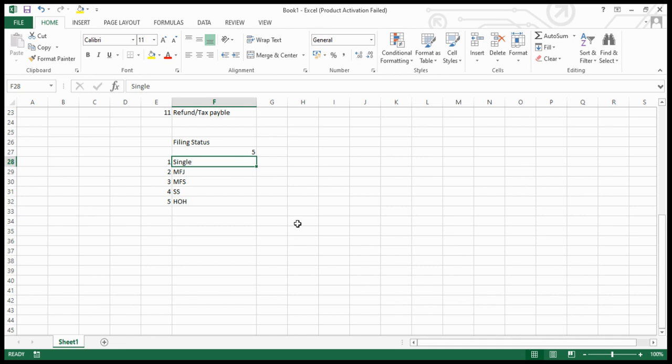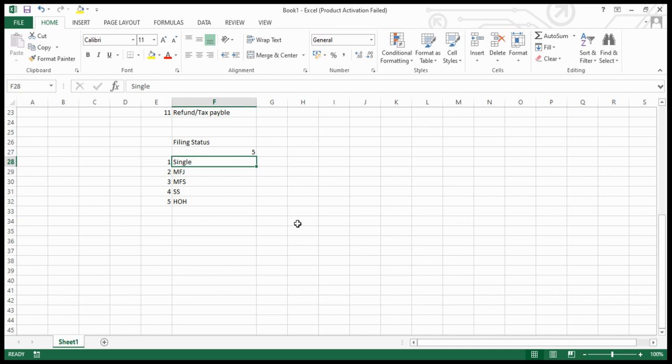Now I am moving to the second and third criteria, which are MFJ and MFS. The full forms are married filing jointly and married filing separately. From the nomenclature itself, we come to know this is completely related to a married person. So if a person is married, then the status for him is going to be MFJ or MFS.